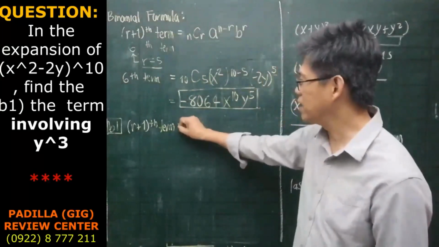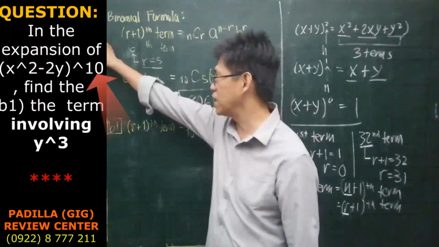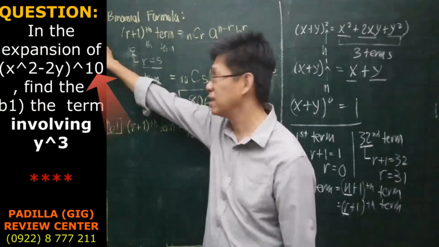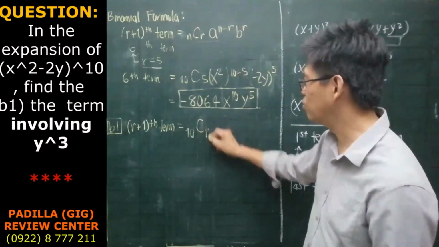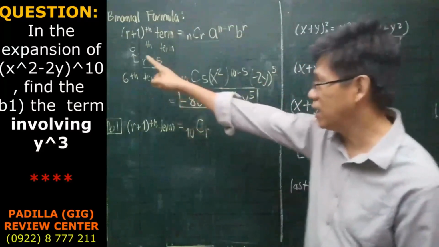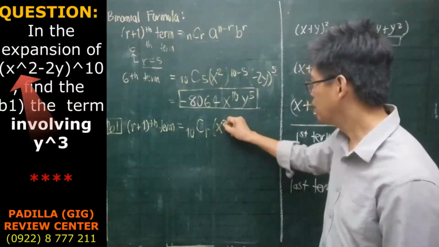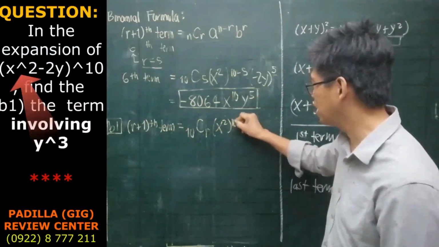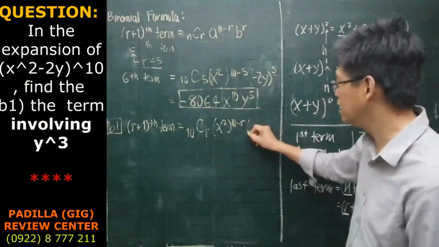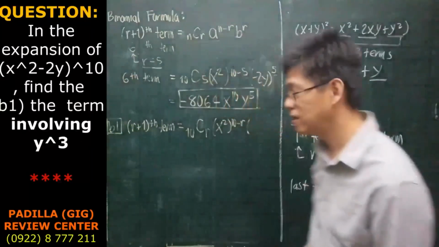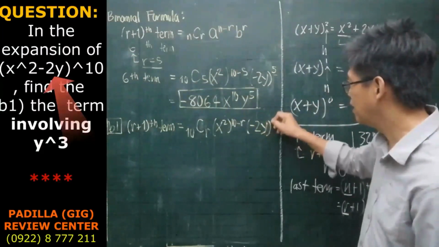But simplifying this, n is 10, because this is x squared minus 2y to the 10. 10Cr, r is unknown. A is x squared to the n minus r, 10 minus r. B, the second term, is minus 2y. So minus 2y to the r.